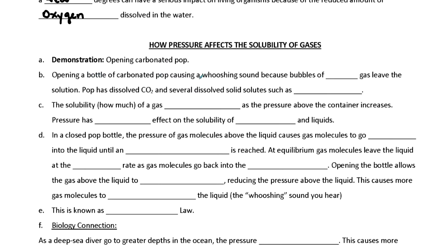Opening a bottle of carbonated pop causes a whooshing sound because bubbles of CO2 gas leave the solution. It has dissolved carbon dioxide and several dissolved solids such as sugar, of course. But the solubility of a gas increases as the pressure above the container increases, right?